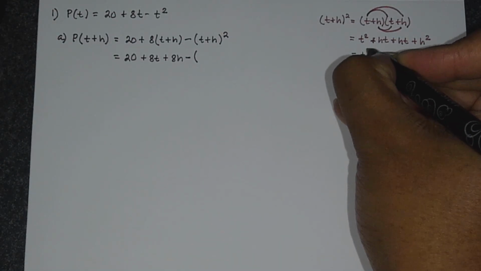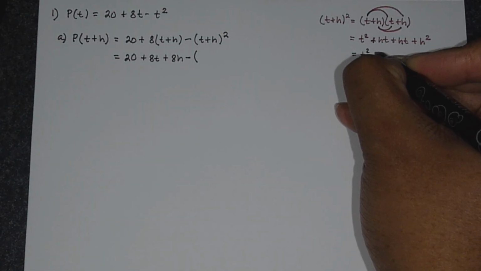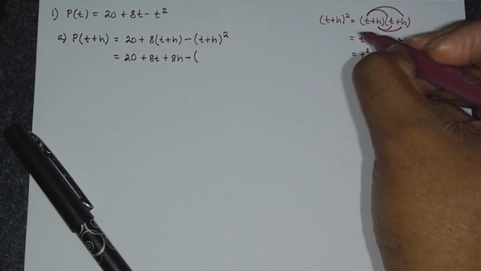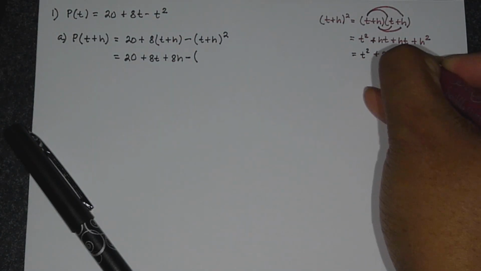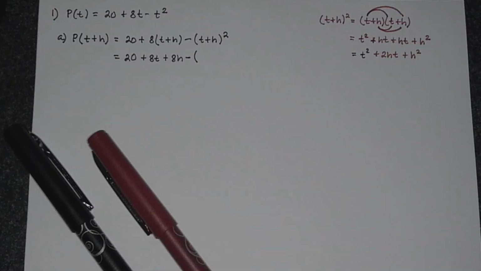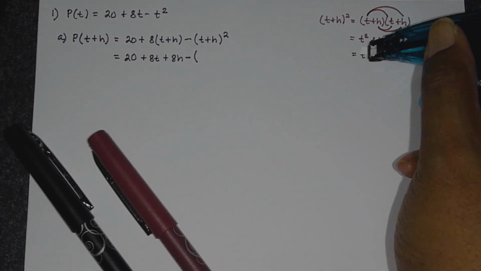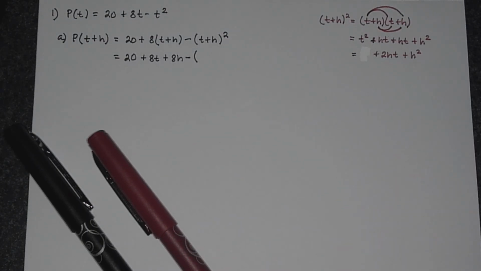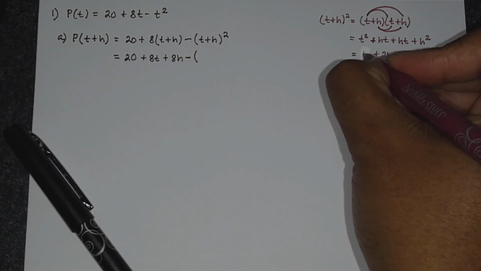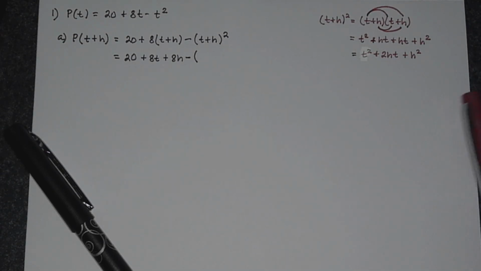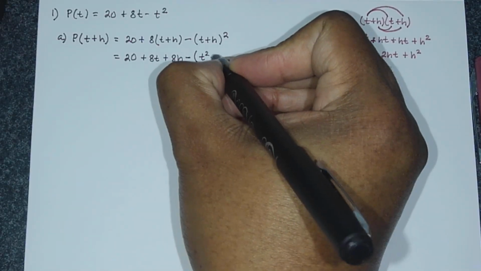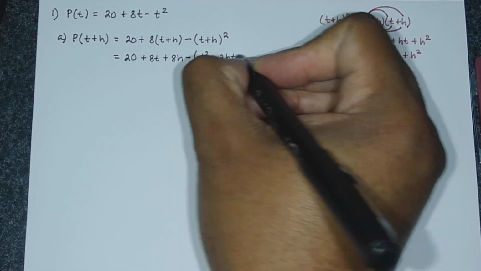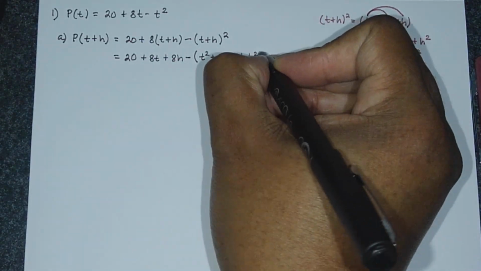Combine like terms, how many HTs do I have? 2 of them. So this would be T squared plus 2HT plus H squared. So that's what T plus H quantity squared would be.